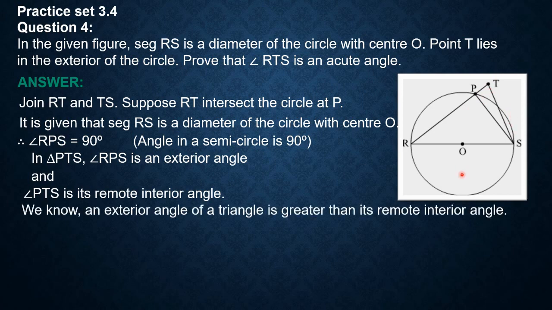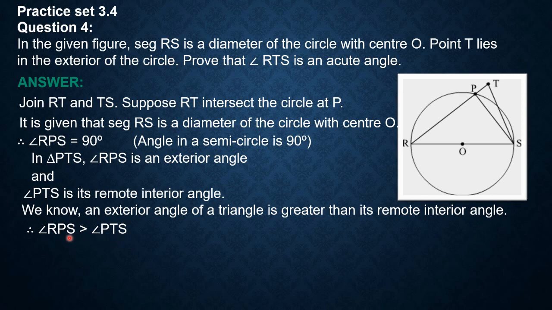We know there is a property that states that the exterior angle of a triangle is greater than its remote interior angle. In our given case, RPS is an exterior angle and angle PTS is a remote interior angle. By this property, we can say that the exterior angle is greater than the remote interior angle.